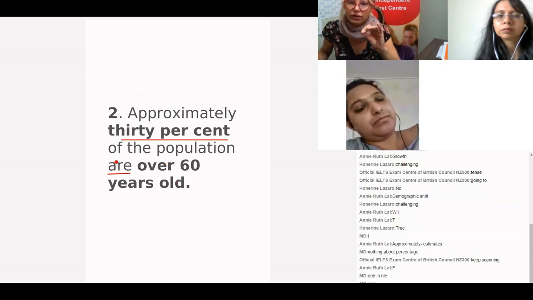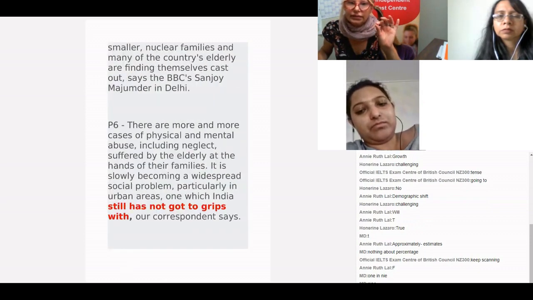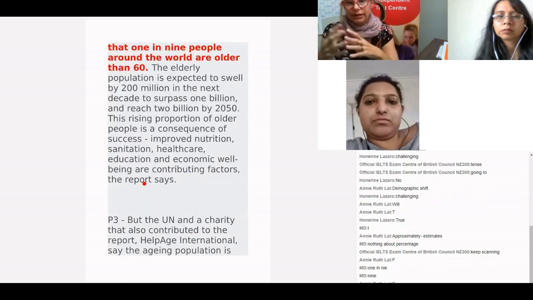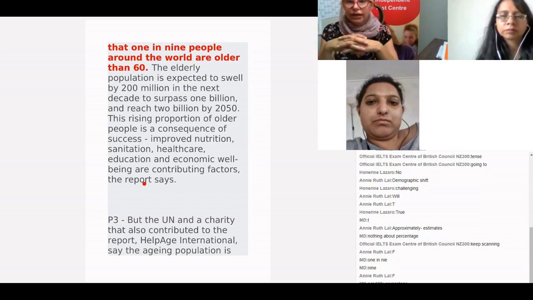So it's present simple, are over 60 years old now, approximately 30%. Okay, does the information in the text agree, or is it the opposite to this? Is it true or is it false?